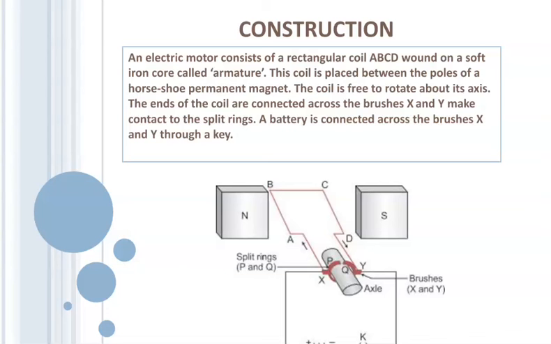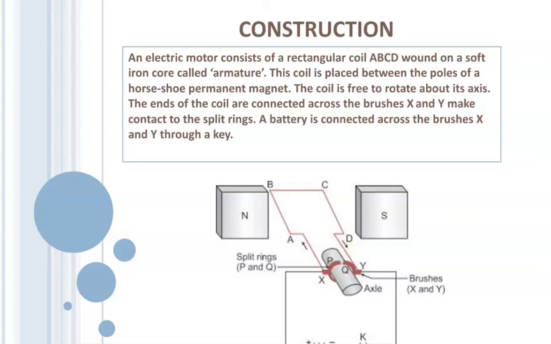The armature coil ABCD is wound around a soft iron core, and it is placed in between the pole pieces of a strong horseshoe magnet NS. The rectangular coil is free to rotate about its axis.